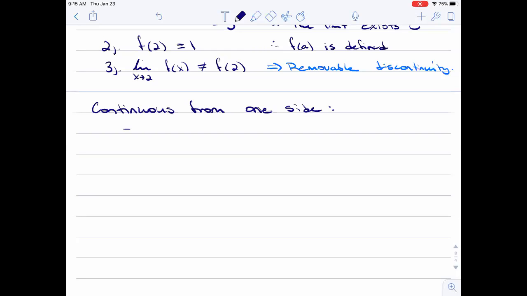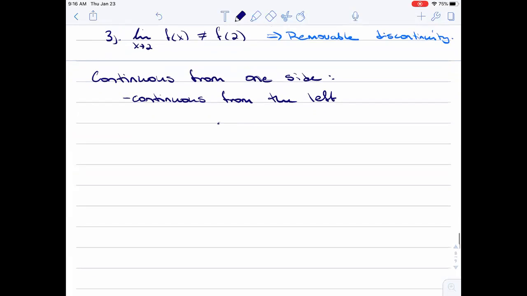If it's continuous from the left, then the limit as x approaches a from the left of f of x equals f of a.